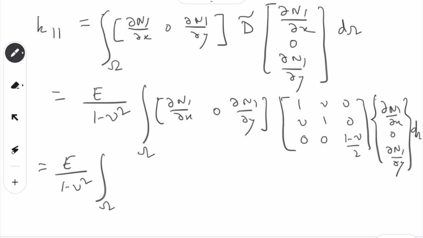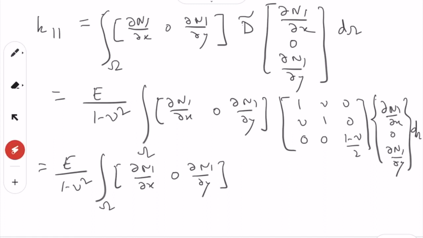So let's write this. Del n1 over del x, 0, del n1 over del y, multiplied by this. This is 3 by 3, this is 3 by 1, so we are going to get 3 by 1. The first one we get is del n1 over del x.